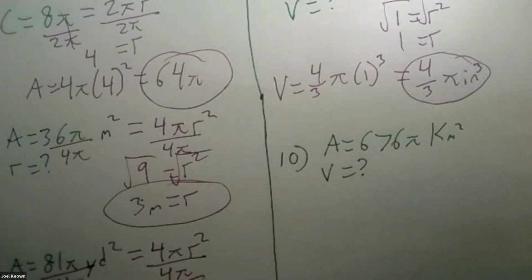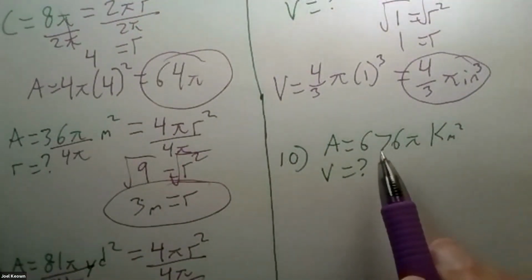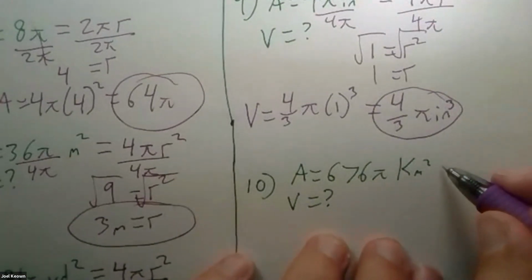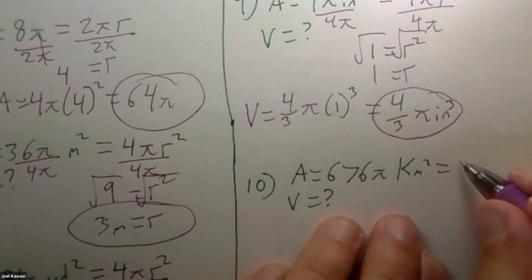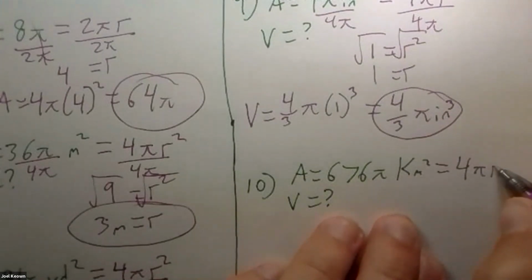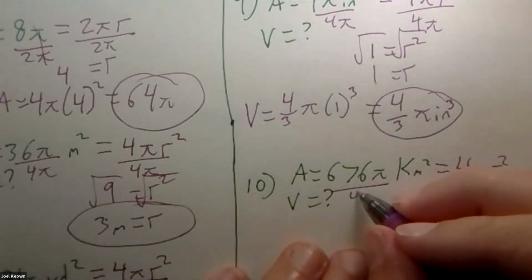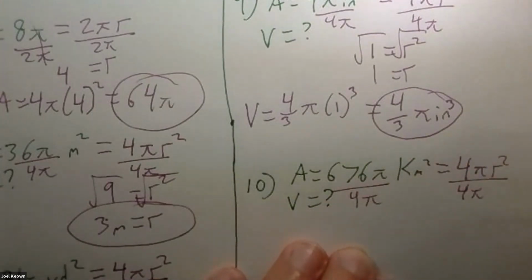And then what if they give me pretty much the exact same thing. Actually, here's an area. They ask me for a volume. So I'm going to say, okay, we'll set it equal to my area equation again. 4 pi r squared divided by 4 pi. 676 divided by 4.